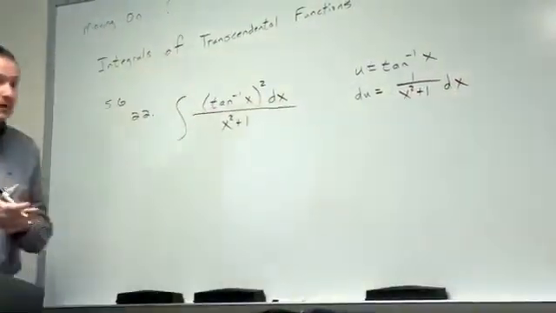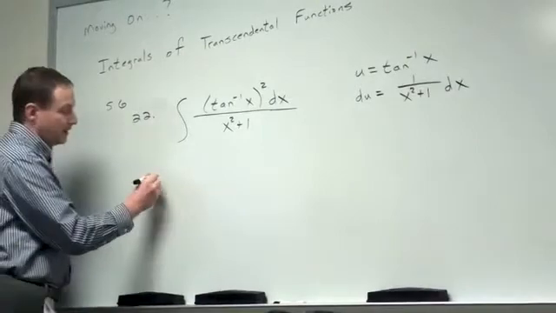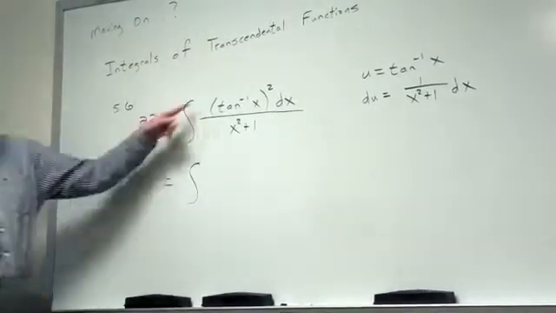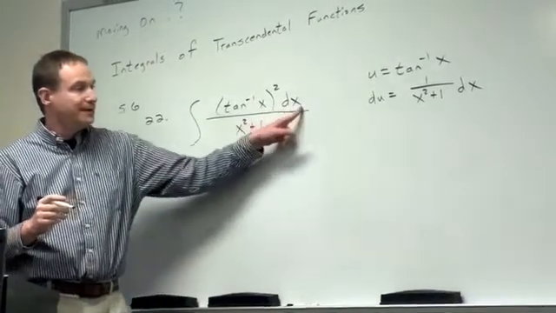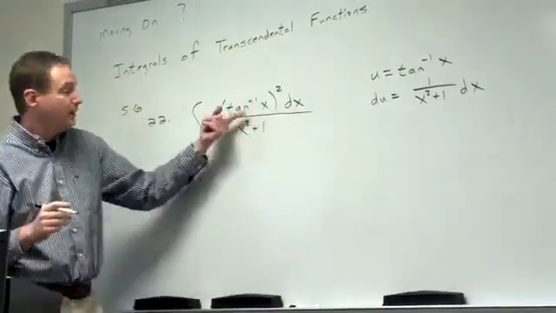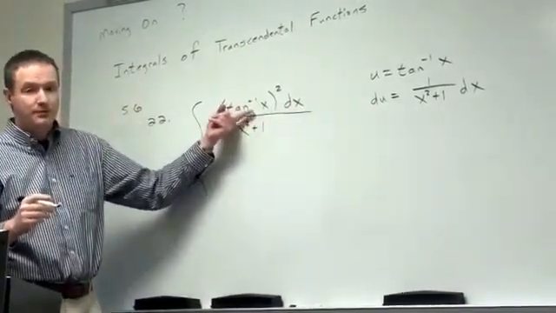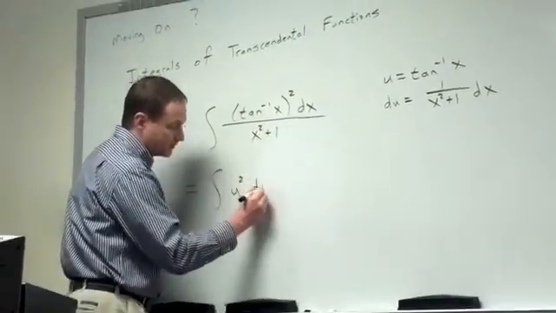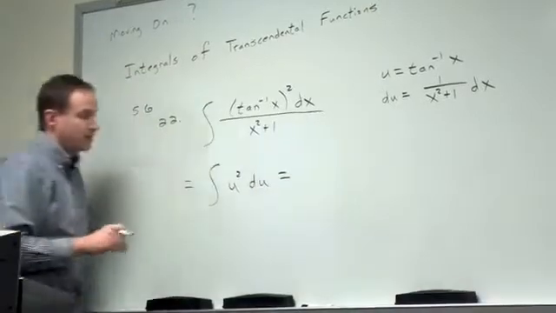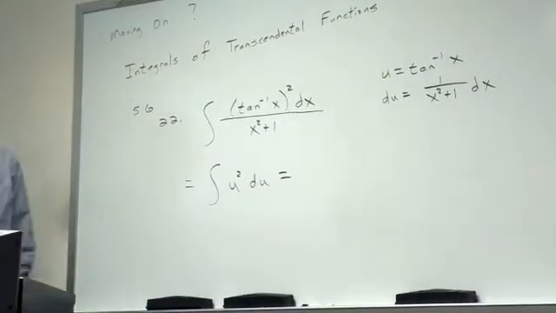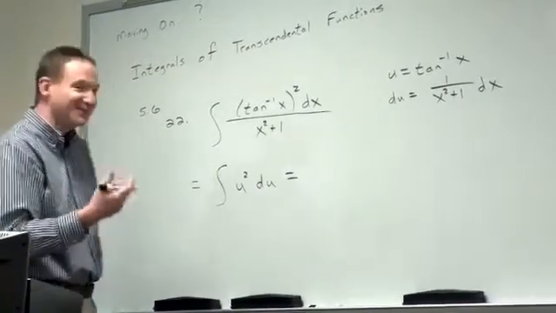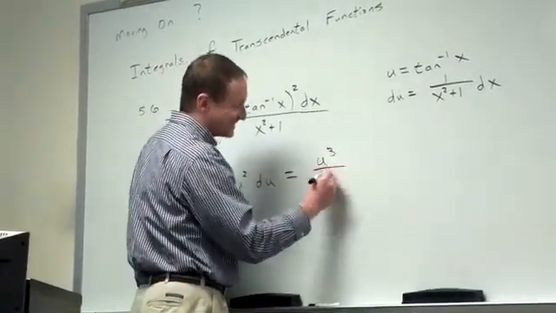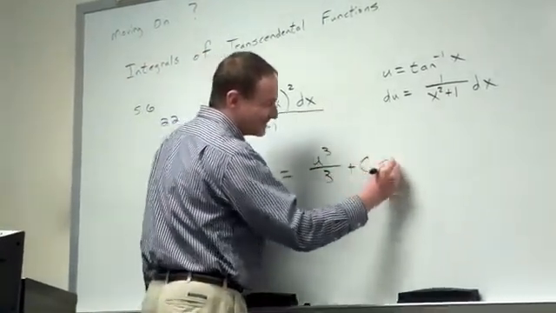So this works beautifully. I know this 1 over x squared plus 1 dx is all du. The only other thing in there is the inverse tangent function squared, so that becomes u squared du. That's what we do. The integral of u squared is u cubed over 3 plus c.